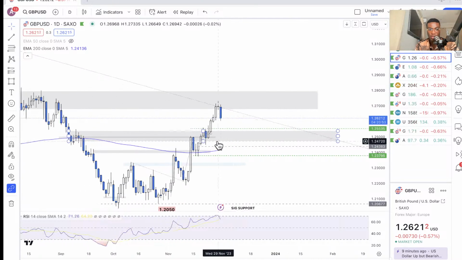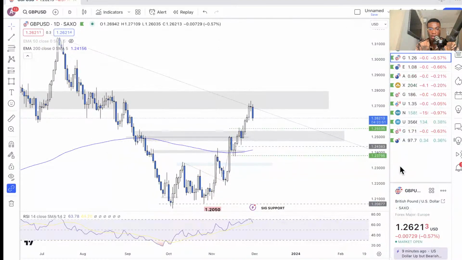Also, we have the RSI giving us overbought signals, and we'll see the market just retrace back into 60. I think this is about 63.7. So we're seeing the market reacting to this key level, double alignment.